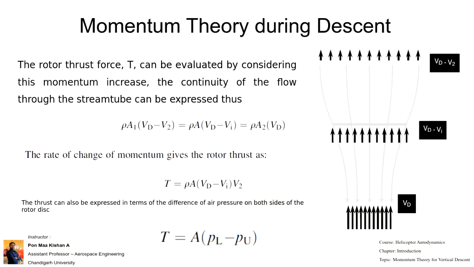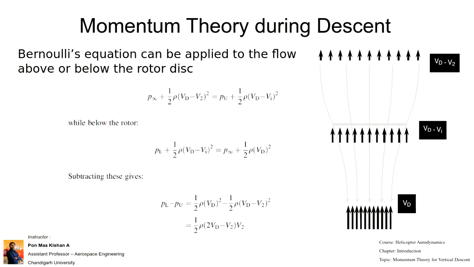Thrust is also equal to mass flow rate times velocity, so we can equate that also. Let's say this is the first equation, this is the second equation, and from Bernoulli's theorem we take this as the third equation.